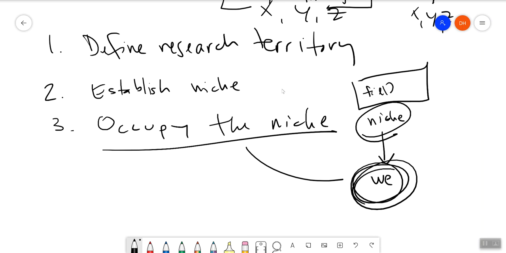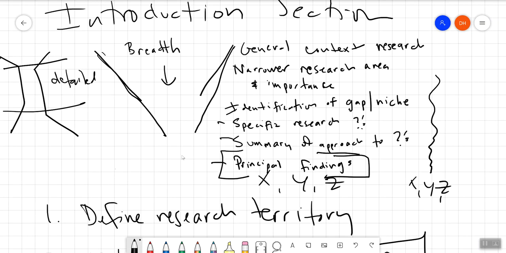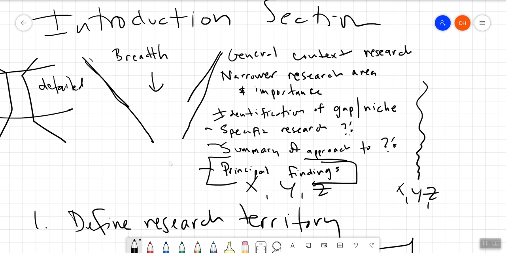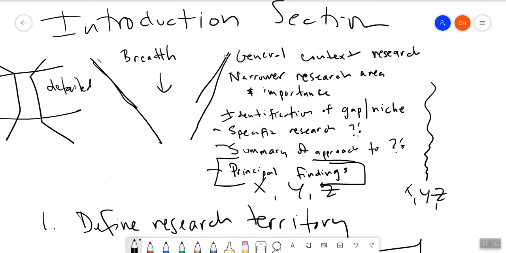So if you think back to my hypothetical research paper on sociopathy, I would outline the general research context of studies on sociopathy. I would probably outline a little bit of the psychopathy checklist.